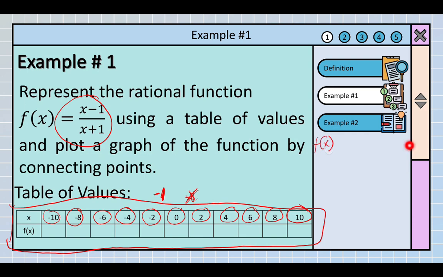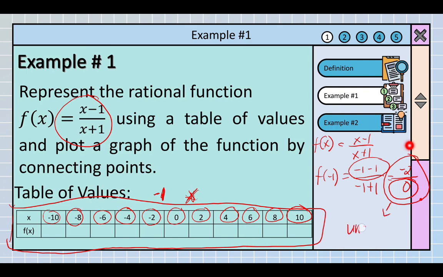Because if we substitute negative 1 in our rational function, f of negative 1 is negative 1 minus 1 over negative 1 plus 1. The numerator becomes negative 2, the denominator becomes 0, and our function becomes undefined. So we cannot include negative 1 in the table.